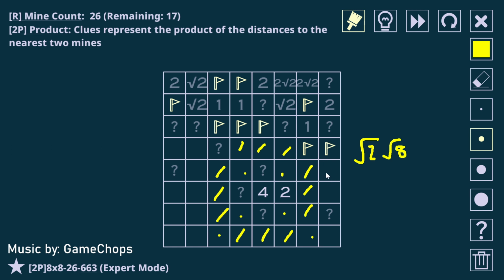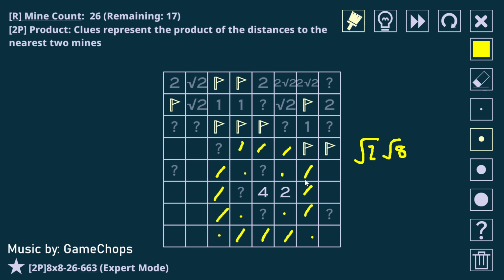This is root 10 away, so that's fine. This is root 5, this is just root 4, root 5, yeah. All of those are not possible if it was a root 2, root 8. This 2, therefore, can't be a root 2, root 2. So it must be a 1.